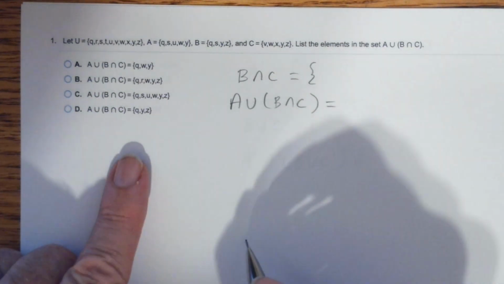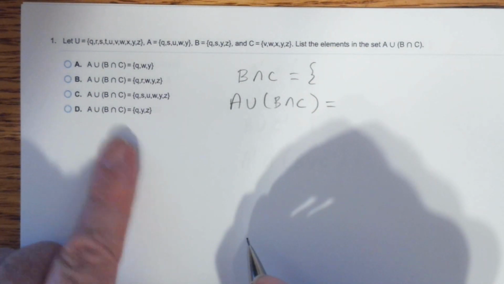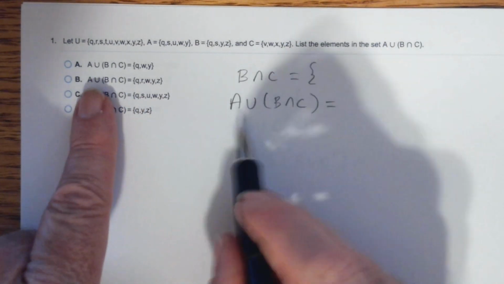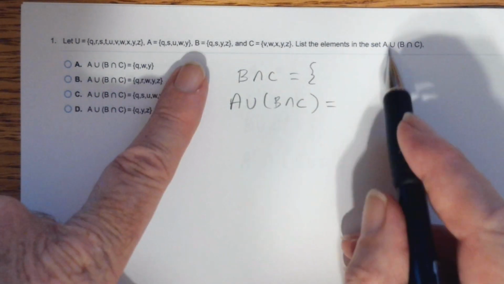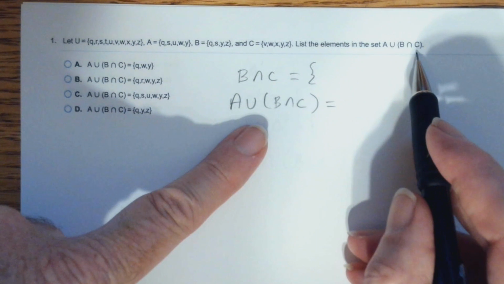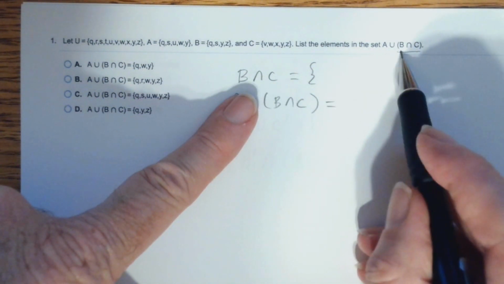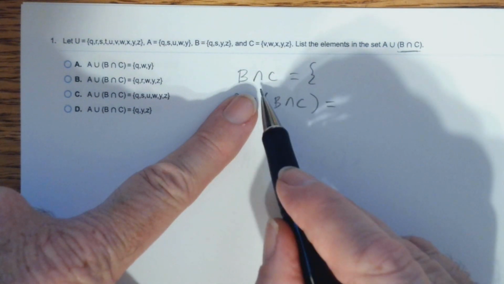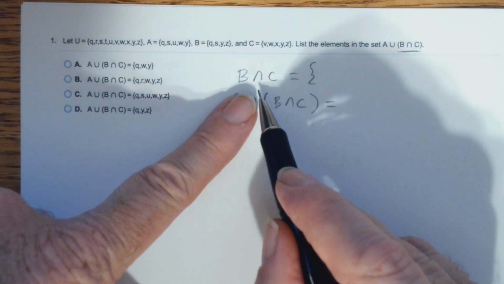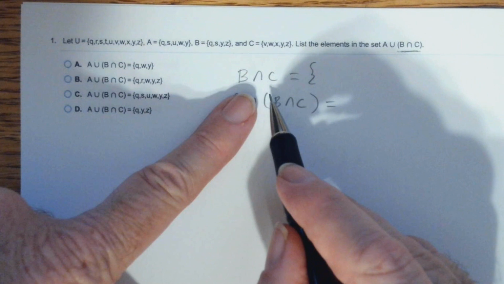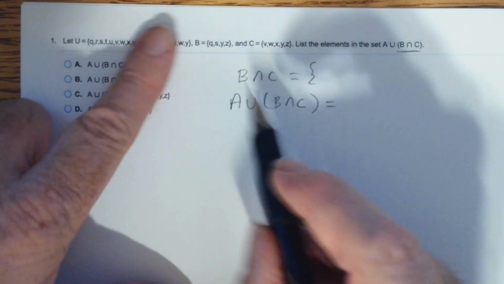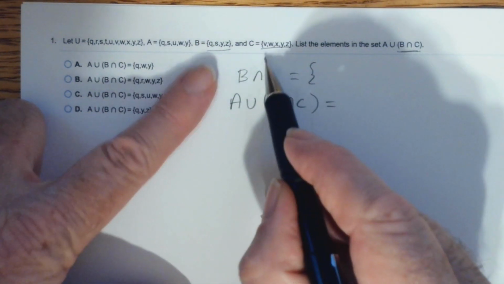All right, so again, like one of the problems we did earlier, we've got to find A union B intersect C. We're going to start by working inside the parentheses first. B intersect C are the elements that are in B and also in C. What do the two sets have in common? Well, let's see.